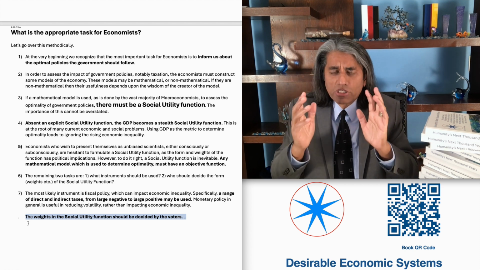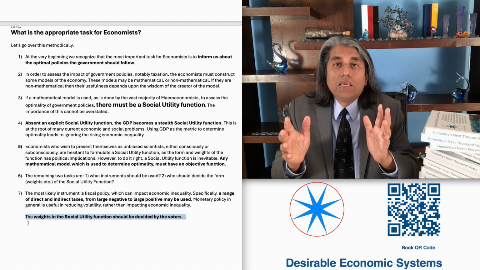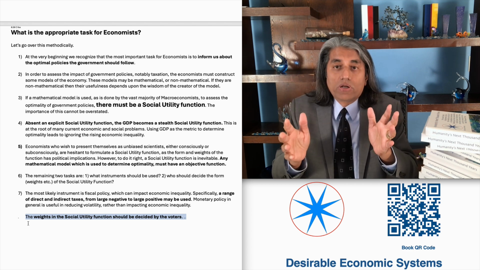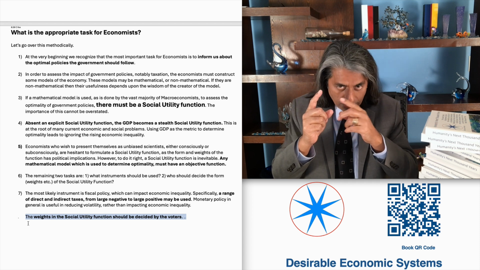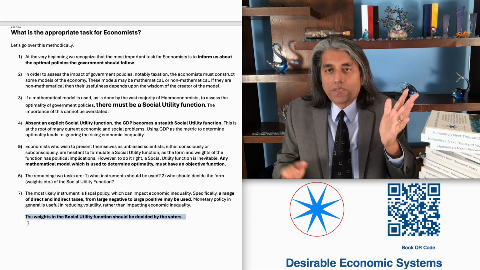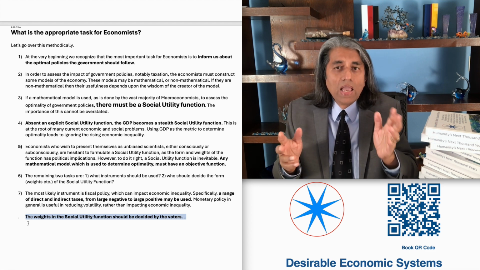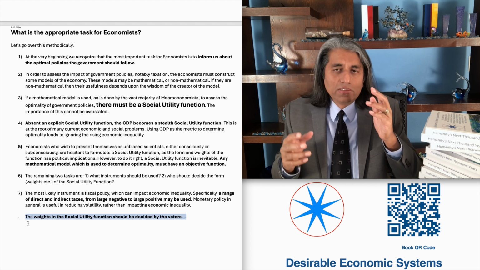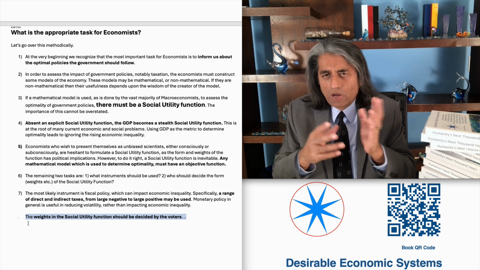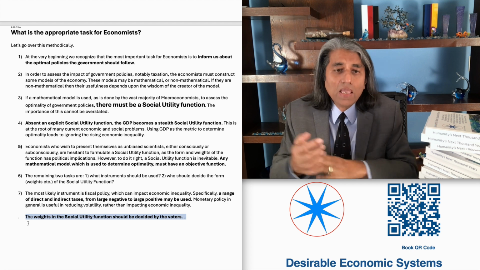Because proportional taxes keep intact the virtues of the free market, the two virtues which are absolutely important: accountability and incentives. So these keep intact those virtues. And then the question is, what should be the amount of these taxes, this combination of negative and positive taxes?